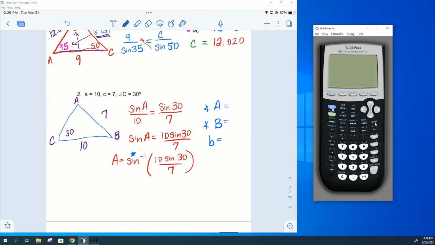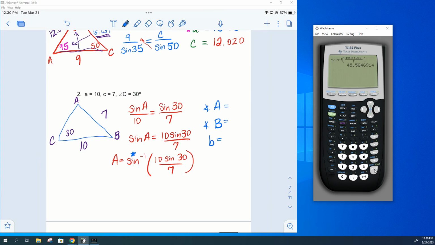So on my calculator, I'm going to hit second sine. I then get it to be the fraction, and then I type in 10 sine 30, close that parentheses, all over 7, and I am in degree mode, and the calculator pops out for me.